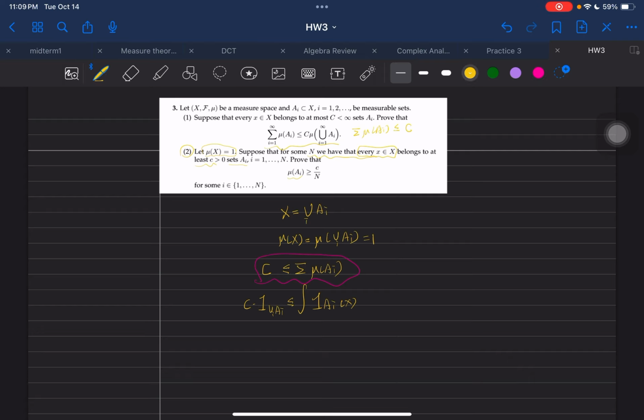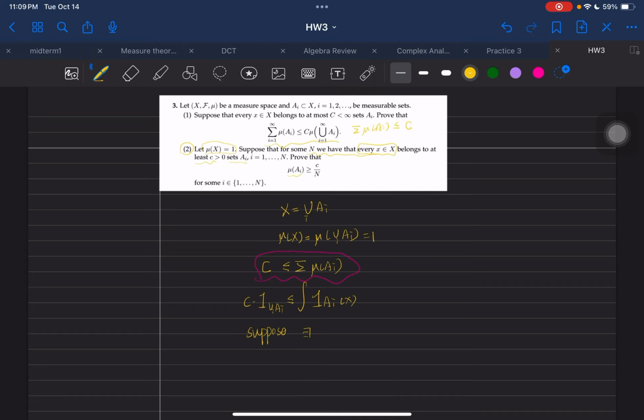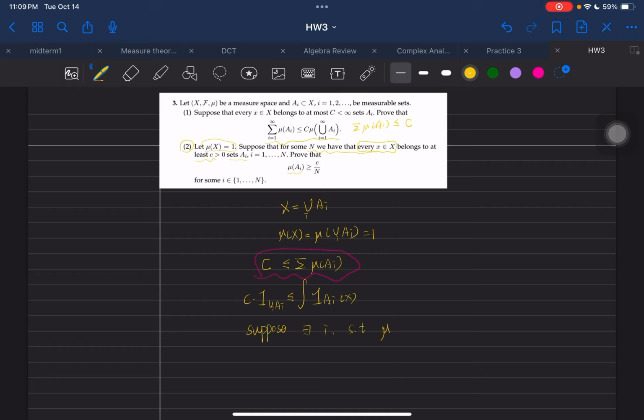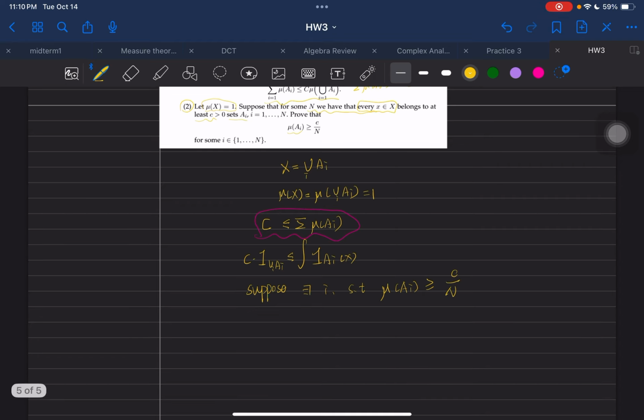And then suppose there doesn't exist i such that mu(A_i) is greater than or equal to c over n, which is essentially saying that every mu(A_i) is strictly smaller than c over n.